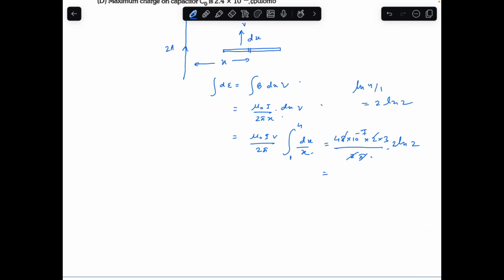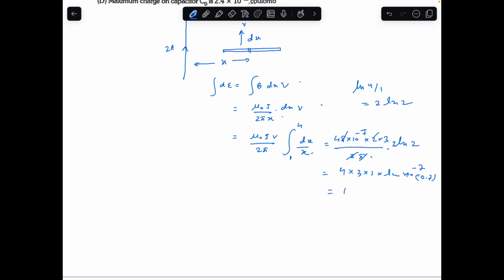So 4, quickly do it, 4 into 3 into 2 into ln 2 into 10 to the power minus 7. So from here you get 8 into... and 0.7 is also there.